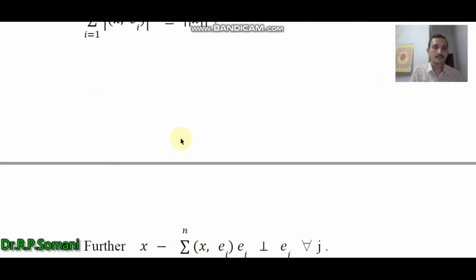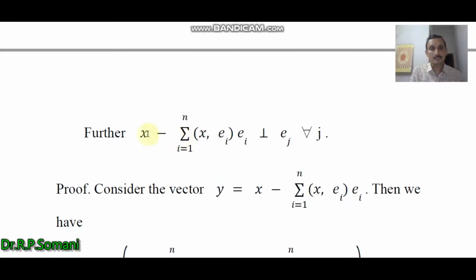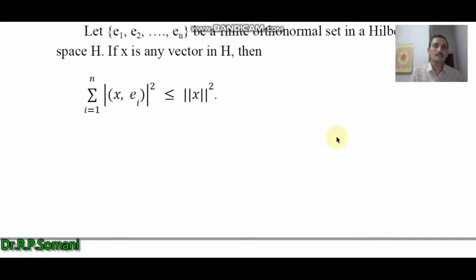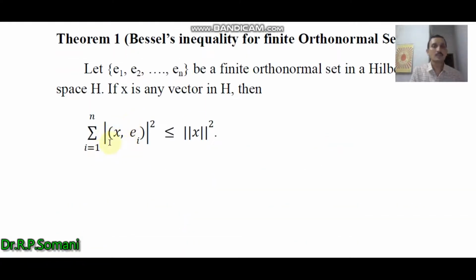Its second part is that x minus summation, i varying from 1 to n, of (x, ei) ei is orthogonal to ej for all j. So this Bessel inequality says that the sum of the modulus squares of the inner products of x with ei is less than or equal to norm x squared.